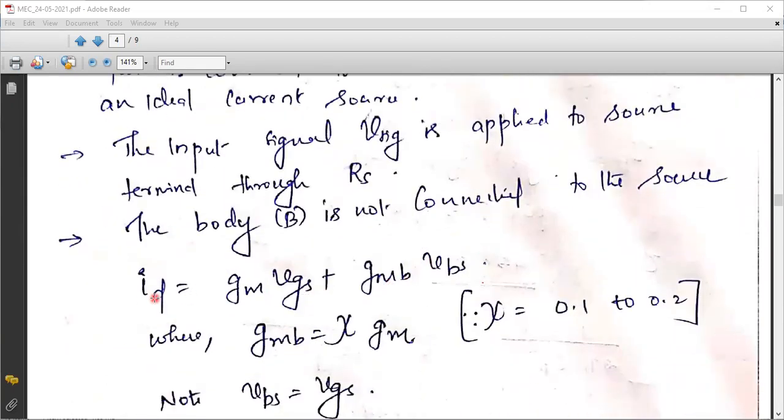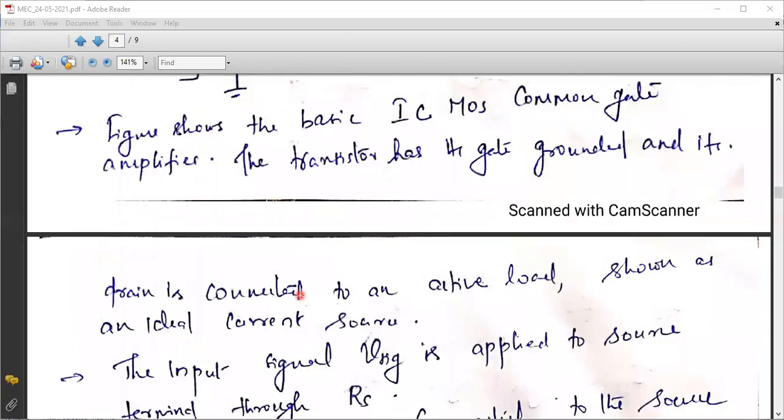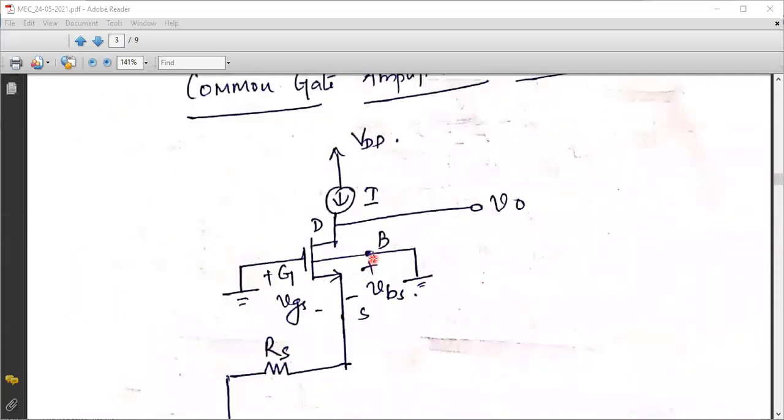Now let us write the expression of total drain current ID. In the previous analysis, the drain current equation was just GM into VGS. But now, since body effect is considered in this particular circuit, we have one more current component due to the voltage across the body and source. Initially, we had one single voltage, that is across gate and source. But now body is treated as a separate terminal.